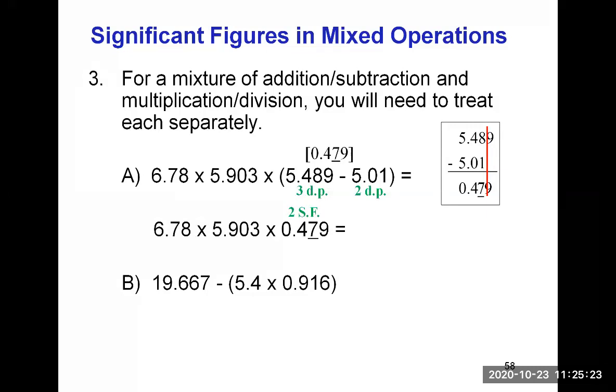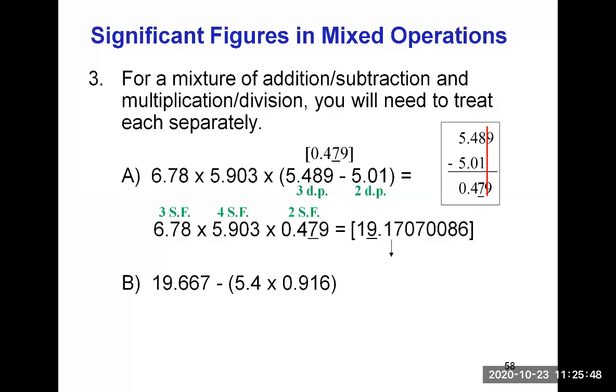It was 2 decimal places, but now you need to look at it as 2 significant figures. In the middle number here, there is 4 significant figures, and the first number has 3 significant figures. So the least number of significant figures is 2, so the final answer should be rounded to 2 significant figures.